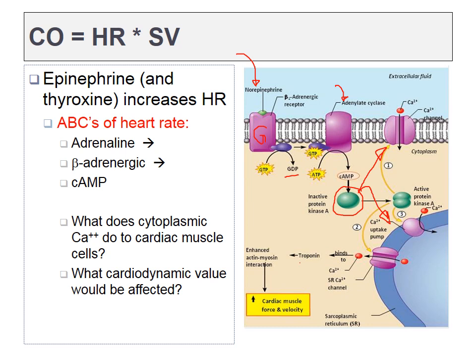But calcium channels, by allowing calcium into the cytoplasm, that calcium will bind to troponin, which gets out of the way, allowing myosin to bind to actin. So with more calcium in the cytoplasm, we're going to get more myosin binding to actin, and that means a stronger contraction.